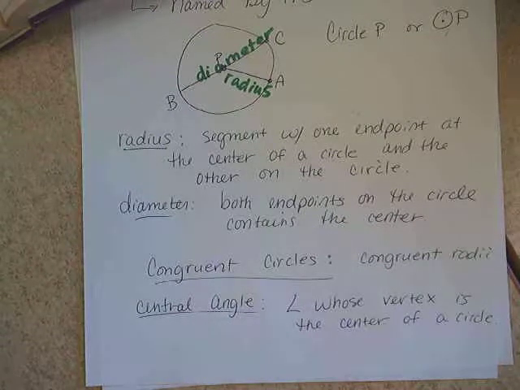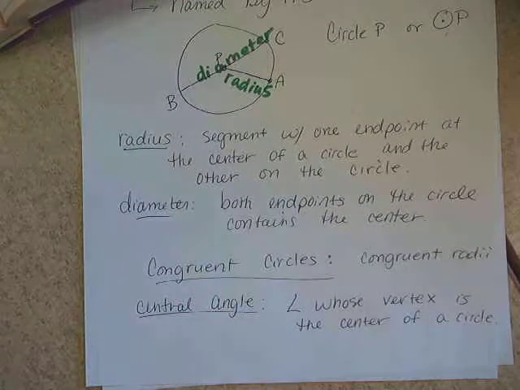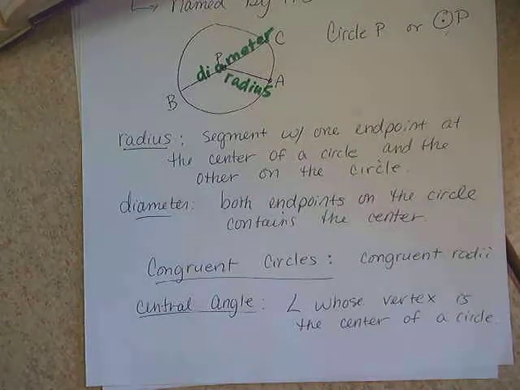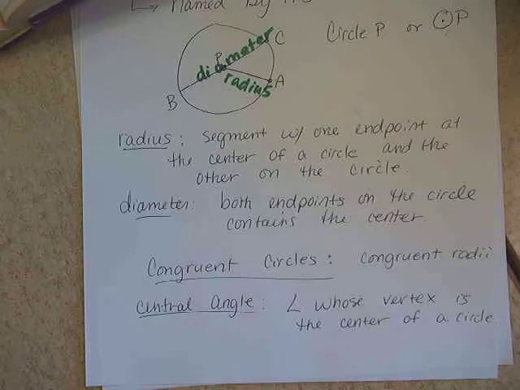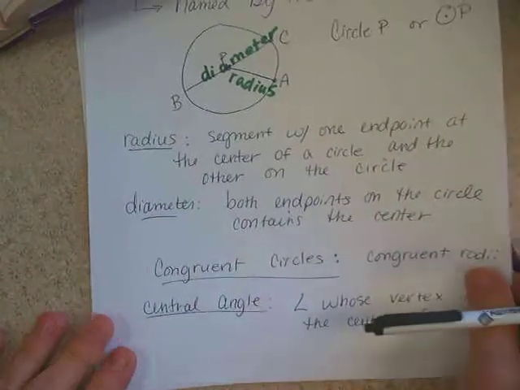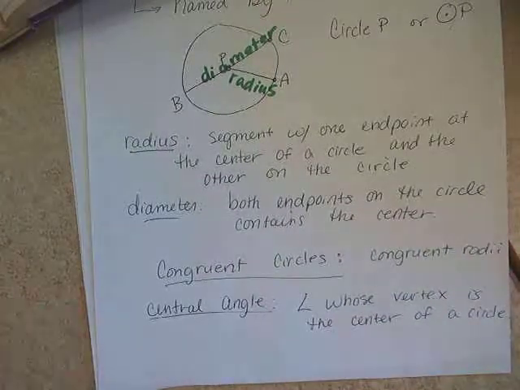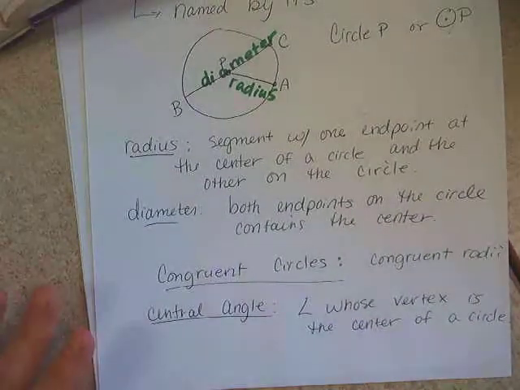So that's why we need to go through some of these definitions. Angles inside, interior angles, are not necessarily central angles. We're using central angles for some identification purposes and actually in identifying arcs.